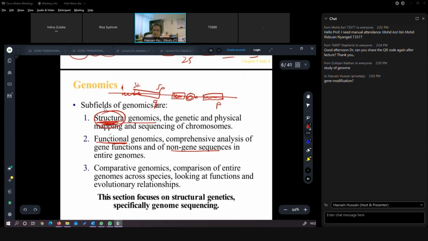Does it have a sequence that controls production of a certain gene? So it is analysis of gene function: what is the function of this gene, and this gene, and so on. And when you study a sequence that is not a gene, does it play a role? That is functional genomics.